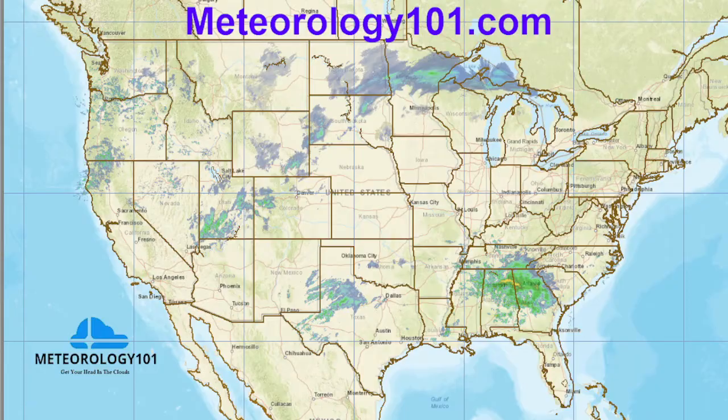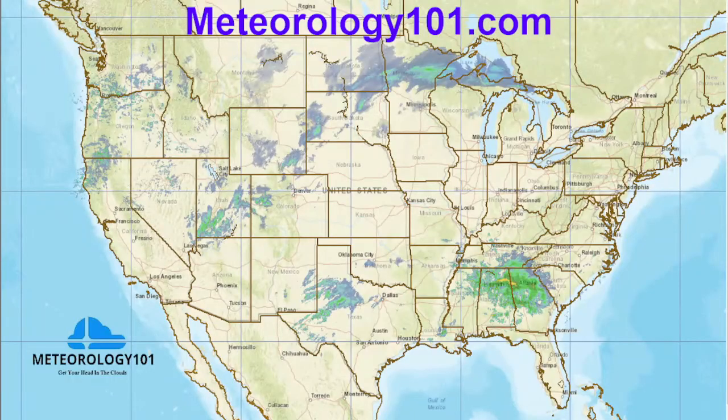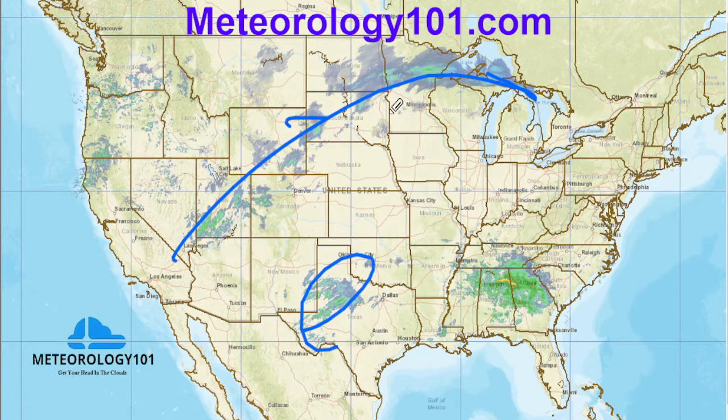Let me get my draw tool here. All right, there's our area of convection. Here's our disturbance over Texas, and then like we said, we had all that we were just looking at on the Intellicast radar. So all this was pretty much snow to the north.